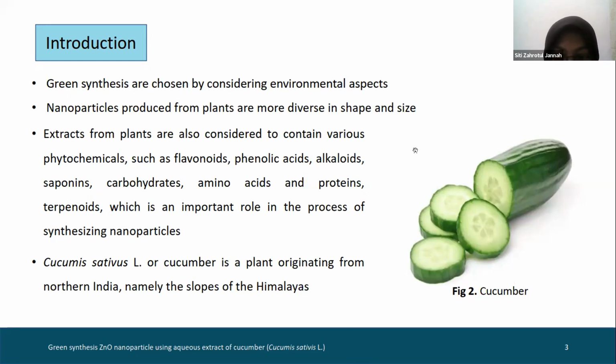In addition, cucumber can also be used as a source of antioxidants because it contains vitamin C, vitamin E, provitamin A, flavonoids, thymoquinone, tannin, niacin, and others. And eating cucumber can maintain a healthy body and skin.